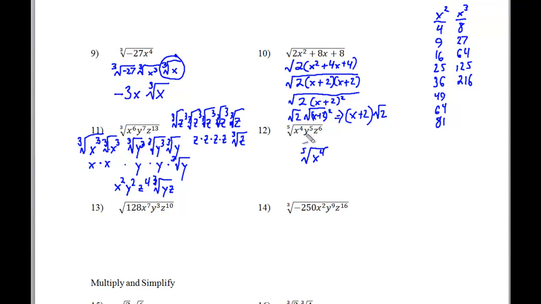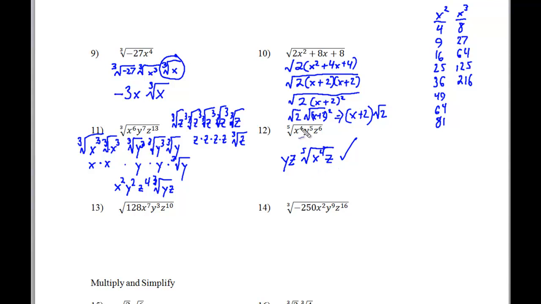Now here you'll notice that I have y to the 5th, so that means 1 y gets out because 5 divided by 5 is 1 with no leftover. You'll also notice that this is 6. This 6 is greater than 5, so that means I have 1 removed, which is 5 of my 6 z's, but I have 1 z left over. So this is my final answer. My final answer is yz and the 5th root of x to the 4th z.